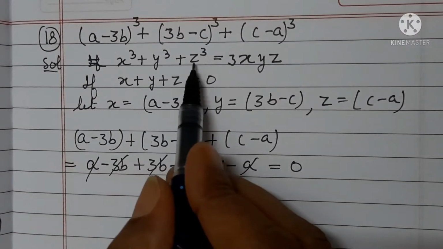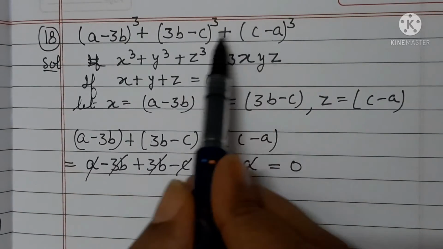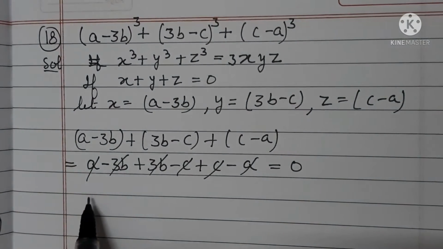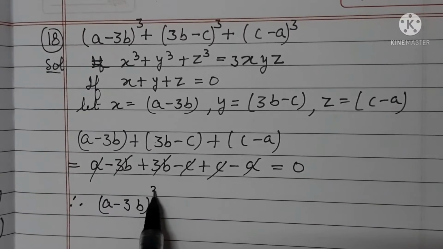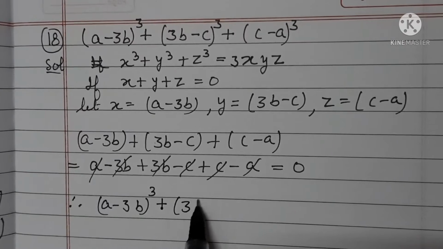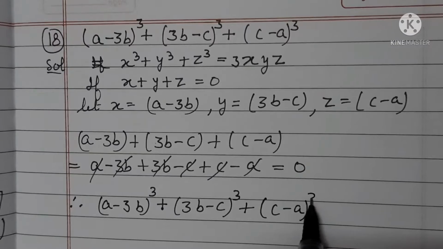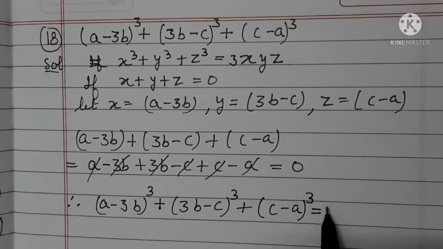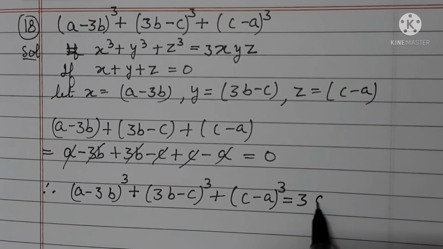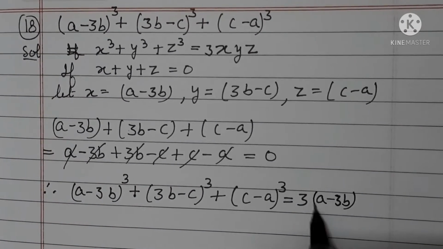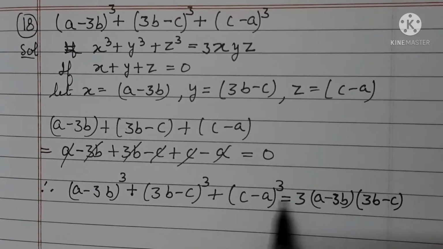So x cube plus y cube plus z cube is equal to 3xyz, where we are taking x, y, z as these. So therefore (a minus 3b) cube plus (3b minus c) cube plus (c minus a) whole cube is equal to 3 times x, meaning a minus 3b, y meaning 3b minus c, and z meaning c minus a.